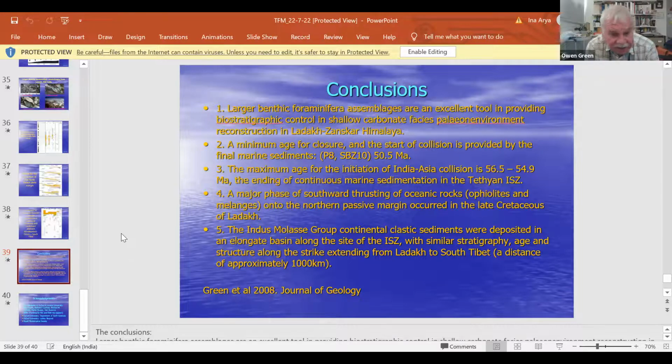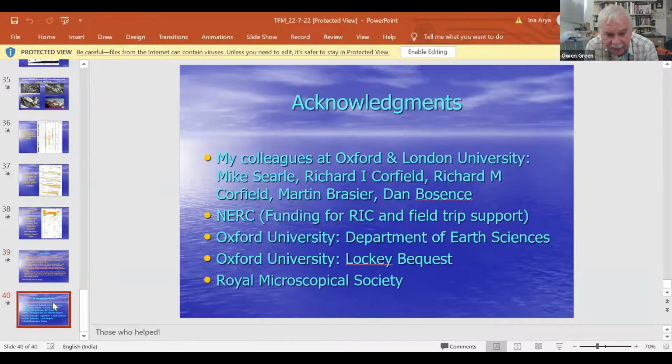So if we go on to the next slide, please, which is my last one. I just need to acknowledge absolutely everyone who we've worked with. Clearly, Mike has been inspirational and the driving force behind all this. We had two Richard Caulfields who worked on this project. The I Caulfield was Mike's student, and the M Caulfield assisted us with a lot of the stable isotope work and the understanding there.